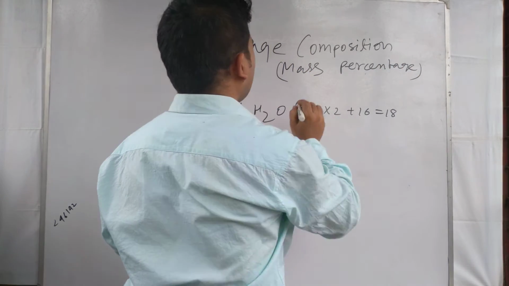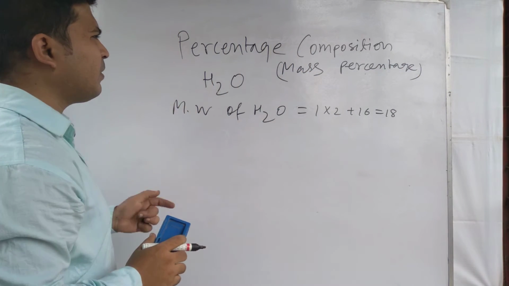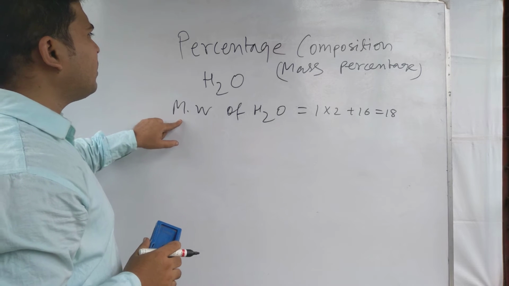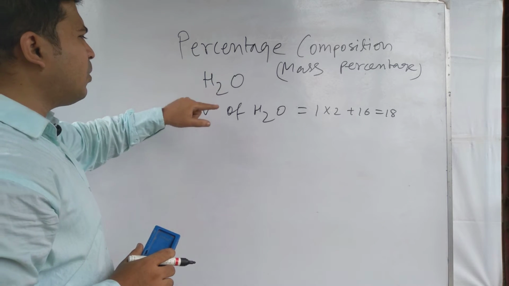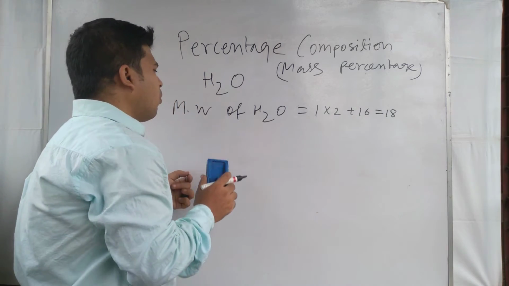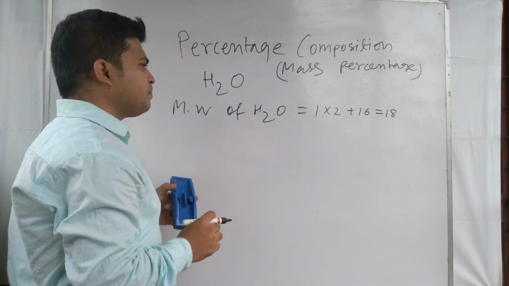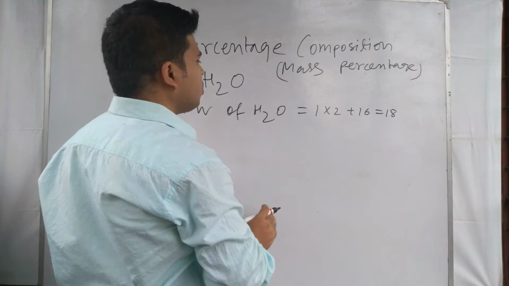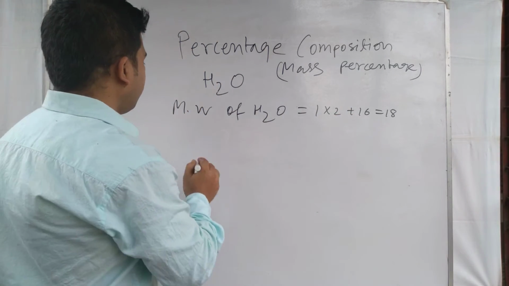For the mass percentage of each component, you have to do the molecular weight calculation first, and here the molecular weight of water is 18.